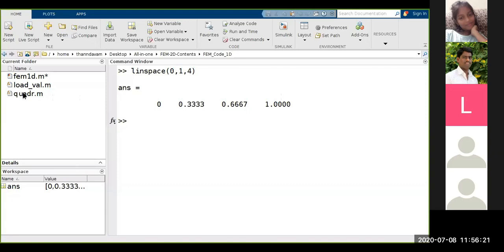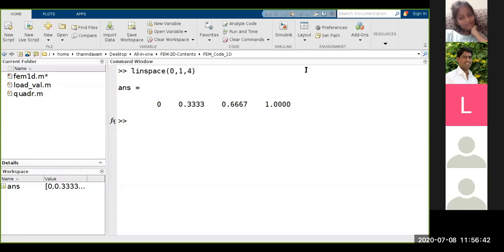So there is no need to waste memory. I am saying a sparse matrix, which means it understands that only a few entries are going to be non-zero.